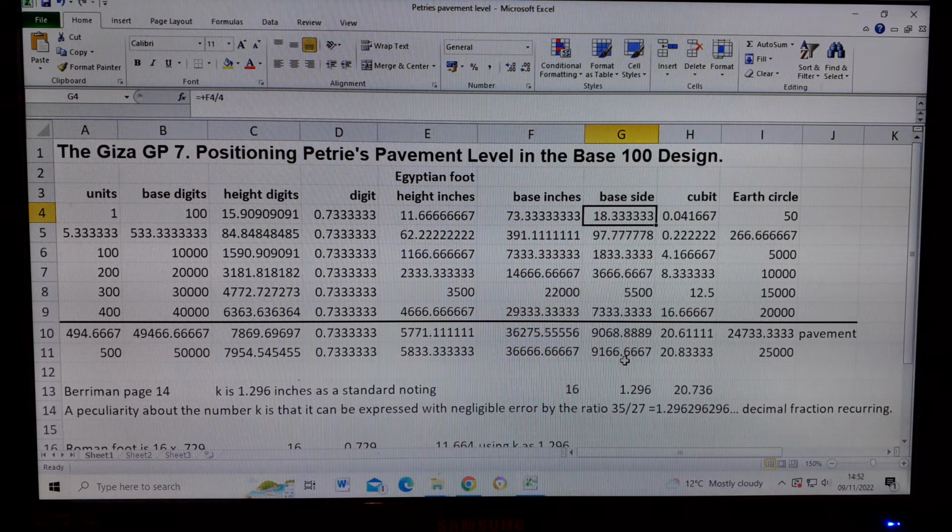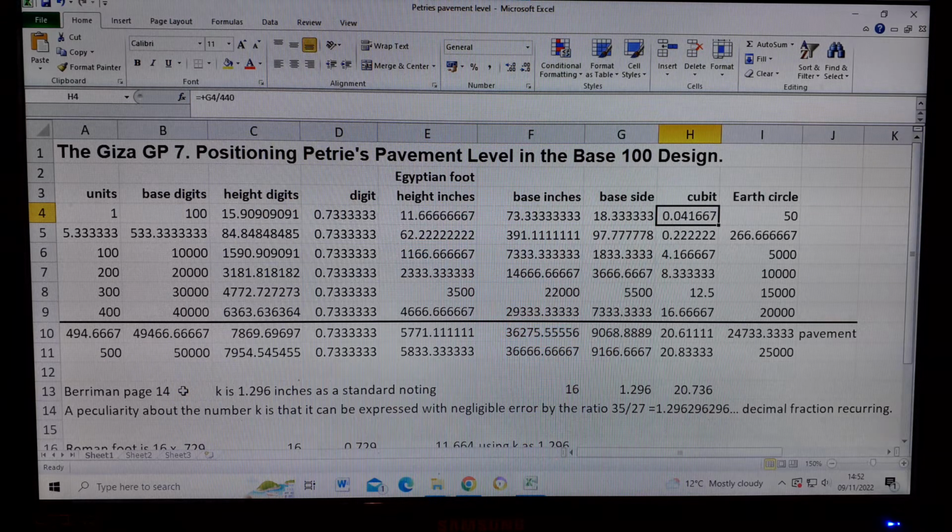So you've got to remember now, we're right at the top of the pyramid here. And the cubit, because we've got 1760 cubits in the Giza base, and we've got a base side of 18.33, we divide that by 440. We get a cubit of 0.041666 inches, which sounds ridiculous to people who are not really considering the full design of Giza. You've got to go right to the top of Giza.